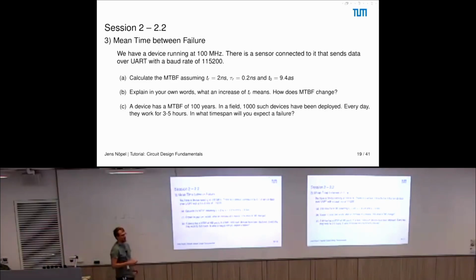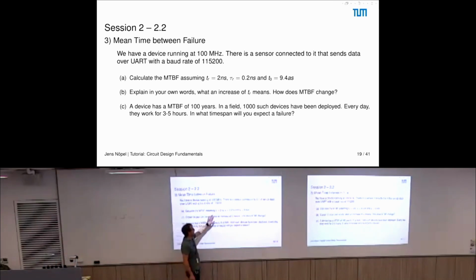We want to calculate the mean time between failures. Imagine that we have a device running at 100 megahertz, and there is a sensor connected to it that sends data over a UART connection with a baud rate of 115,200. Question A asks us to calculate the mean time between failures.